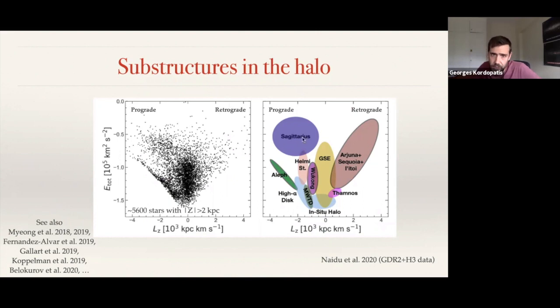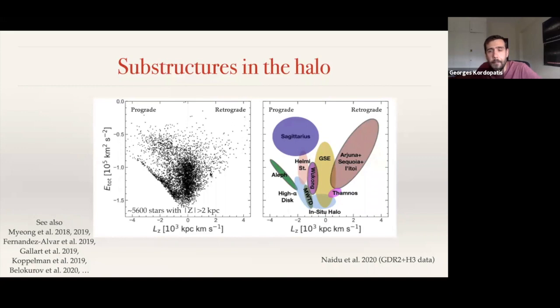You have the Sagittarius stream here, the Sagittarius population that is related to the stream I have shown before. You have the Milky Way thick disk here. You have the Gaia-Enceladus here, and other overdensities that I will talk about a bit later on. You have the so-called Thamnos here.